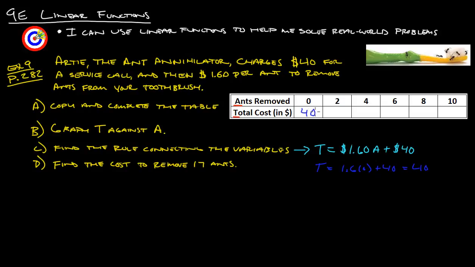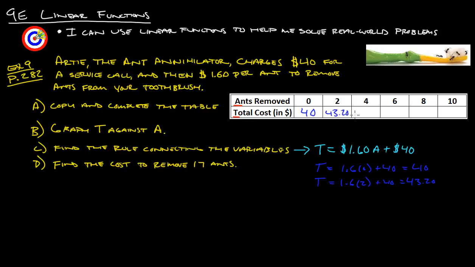So it costs $40 to remove no ants. To remove 2 ants, that's $1.60 times 2 ants plus 40. Let's see, $1.60 times 2 is $3.20, so it's going to be $43.20.